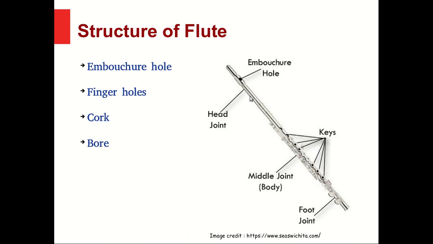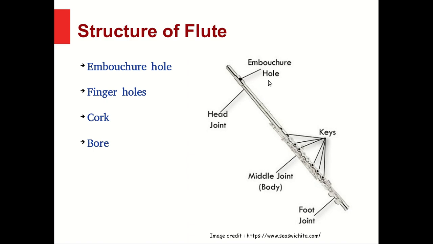In the head joint there is a hole through which a flute player blows some air inside the main body of the flute. This hole has a particular name. We call it the embouchure hole. It is not just like a circle, but it has a specific structure.